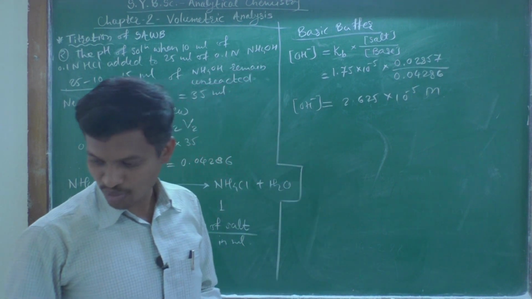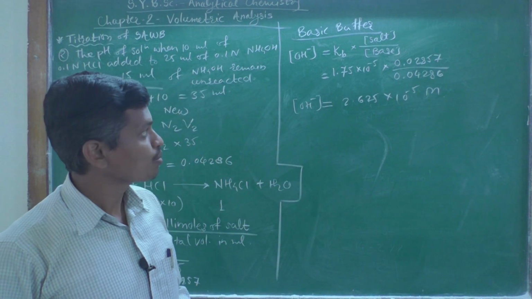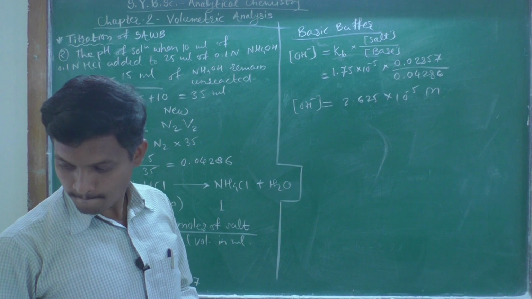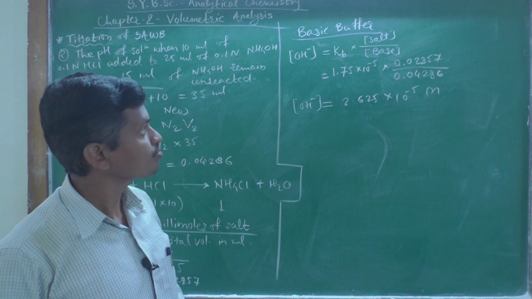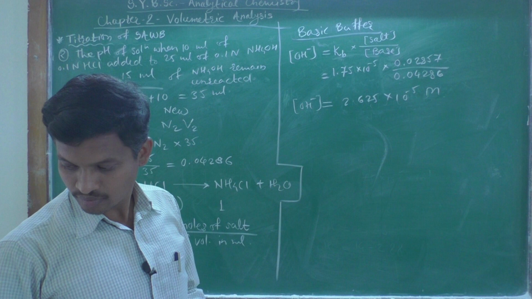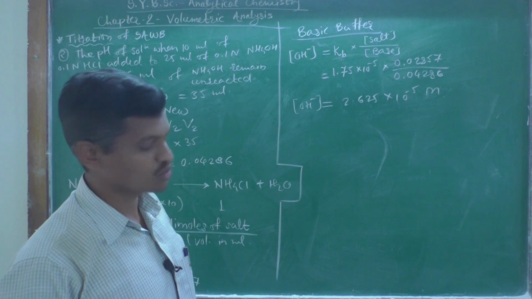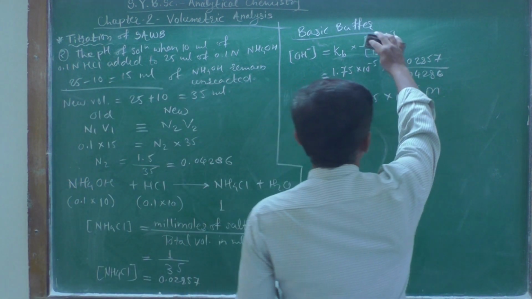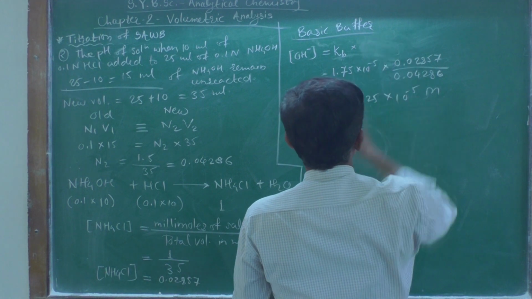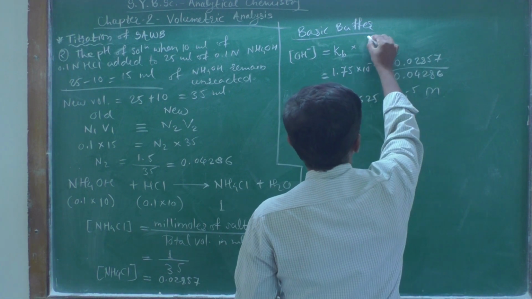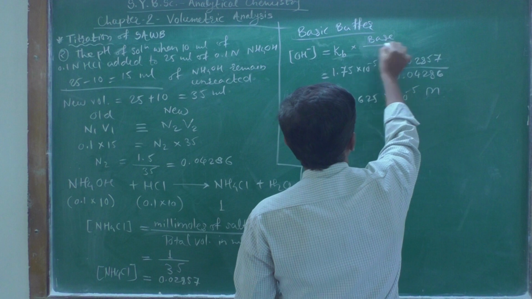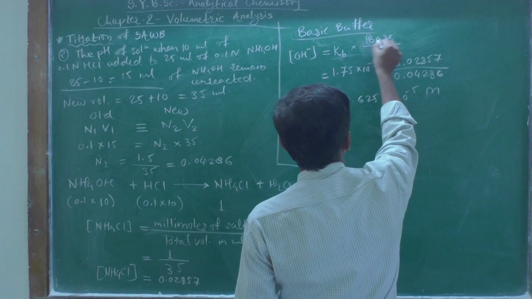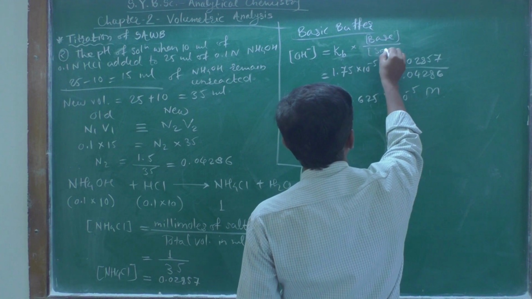Okay, 2.625 into 10 raised to minus 5. This is the reverse: the concentration of base is at the numerator, divided by the concentration of salt.